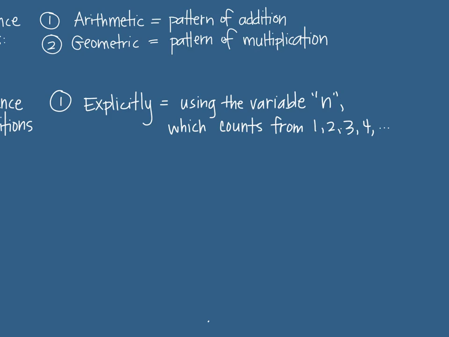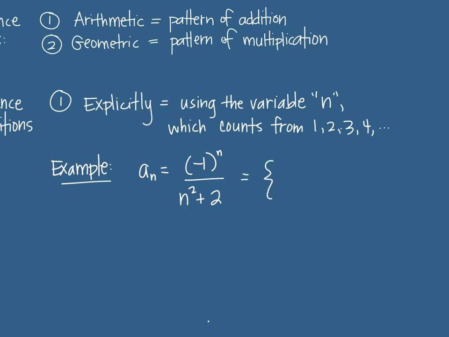So let's do an example of that. a sub n is defined as (-1)^n divided by n squared plus 2. This is called an explicit sequence because based on the value of n the sequence is generated. We put brackets to show that we're starting the sequence, and we start plugging in numbers.